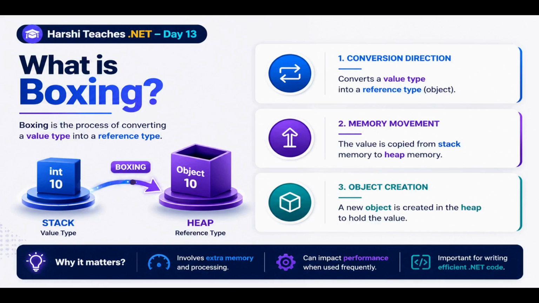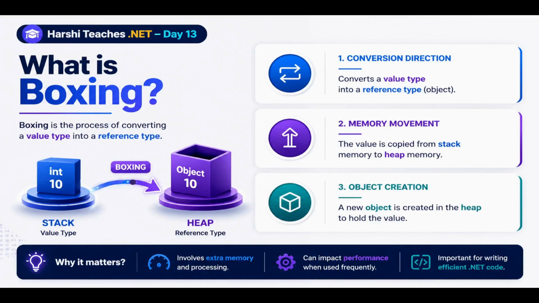It is now treated as a reference type. What's happening here is very straightforward. First, the value is converted, then it moves from stack to heap, and finally, a new object is created to hold that value. One important thing to remember here is the original value in the stack is still there. That means boxing doesn't move the value. It actually creates a copy of it in the heap.